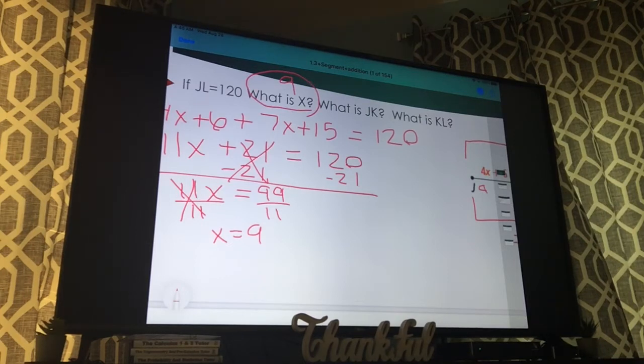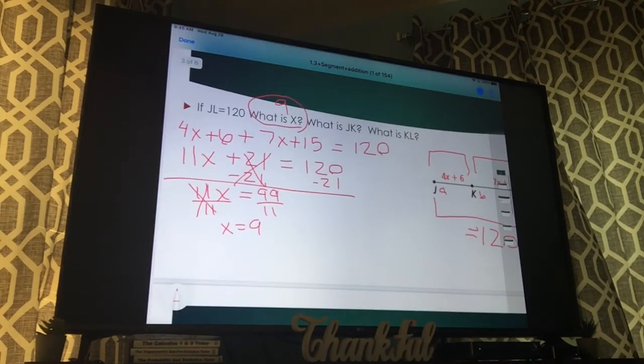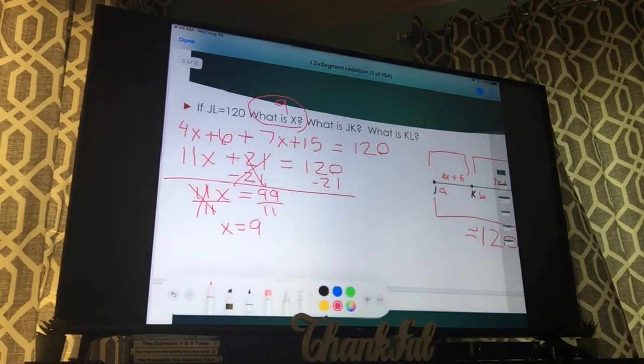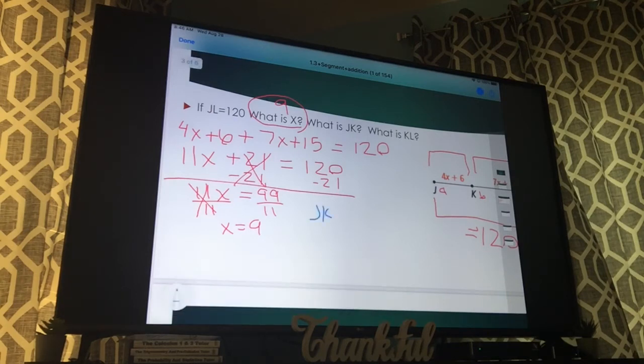Now they want to know what is JK. Well, we know JK equals 4x plus 6. And now we know what our x is, so you're just going to plug in the x where it goes for JK. I'm going to change my color here. So our JK is 4x plus 6, and instead of x, we know that the x is 9, plus 6.